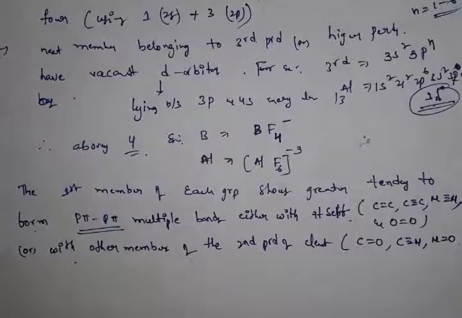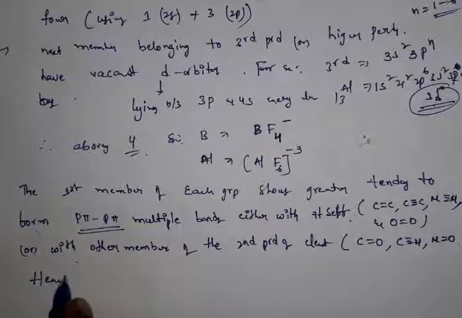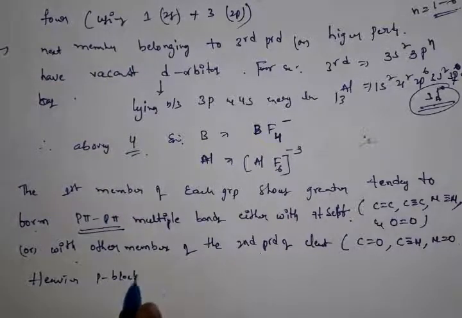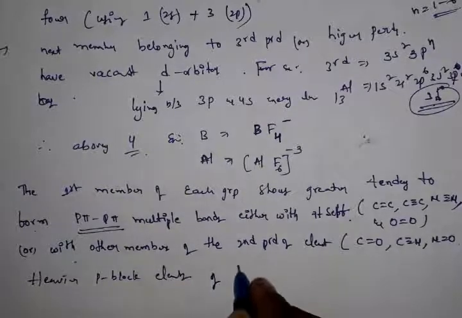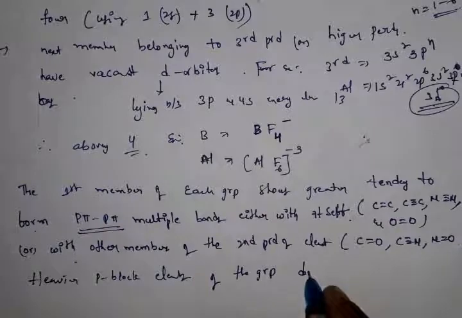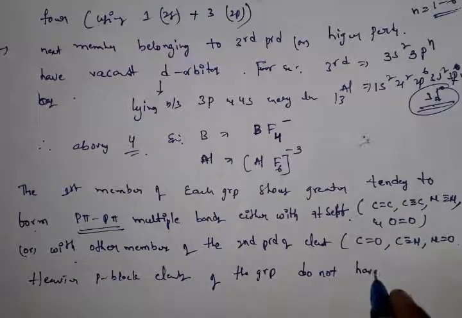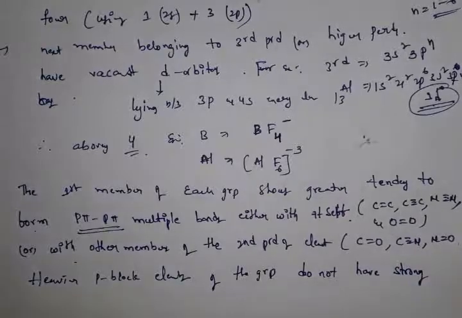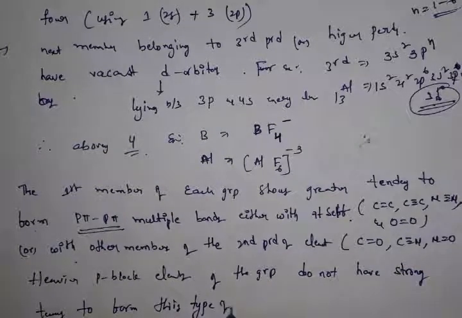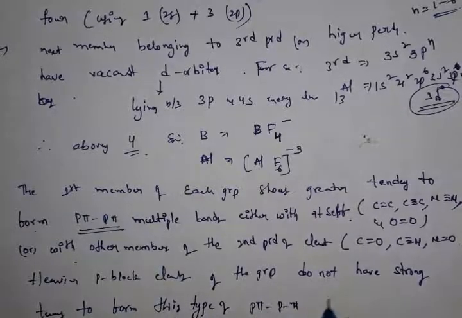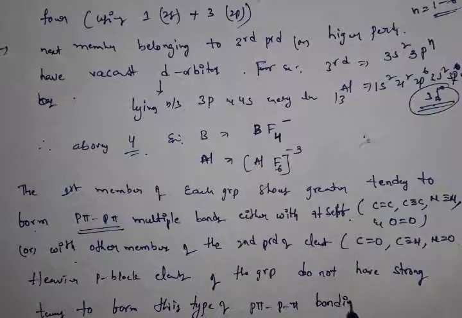Next, heavier p block elements of the group do not have a strong tendency to form this type of pπ-pπ bonding.